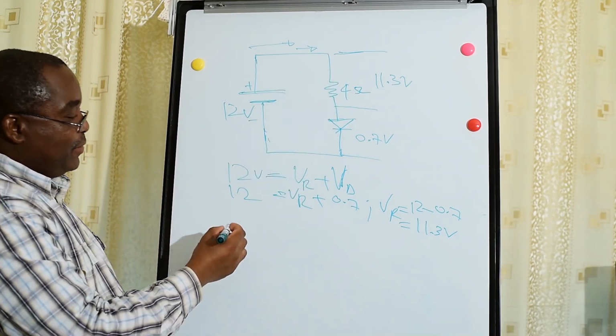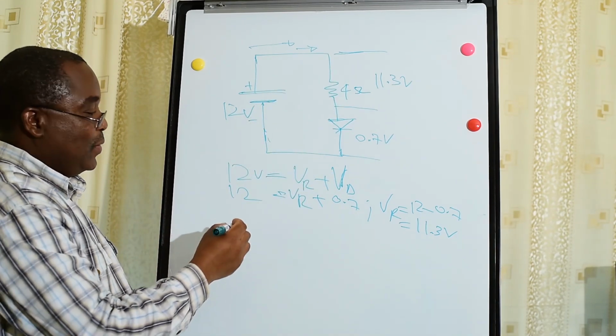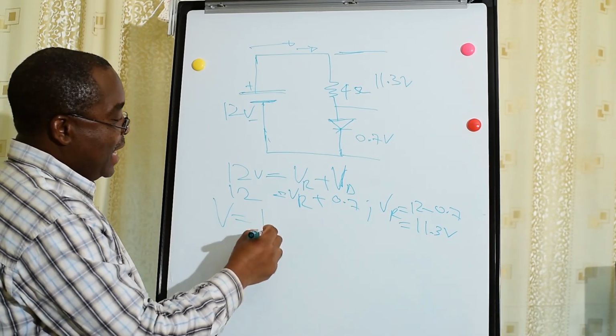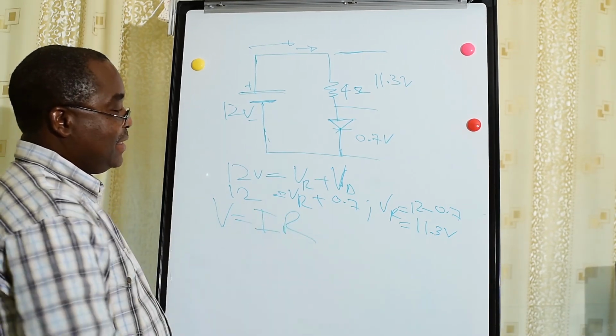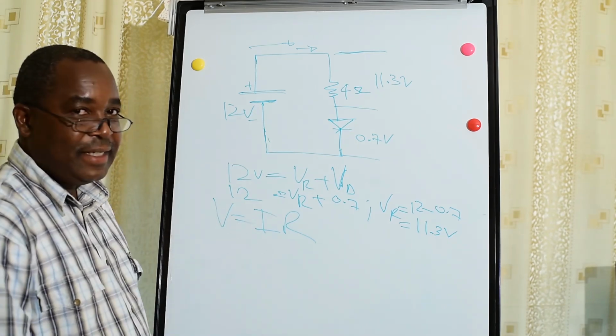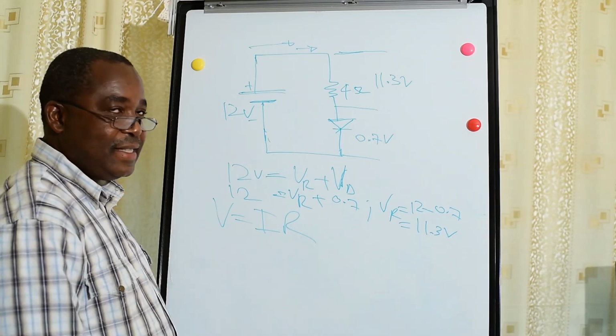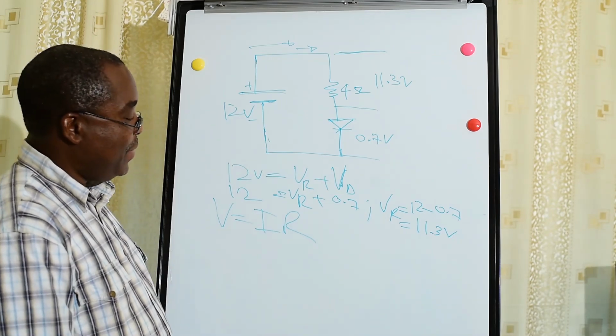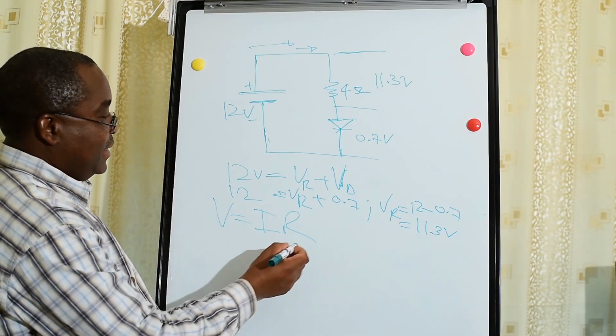we come again to the Ohm's law. Ohm's law is the relation between I, current, and resistance. The unit of voltage is volts, and the unit of current is ampere, and the unit of resistance is ohms, which is omega. So we want to know the current.